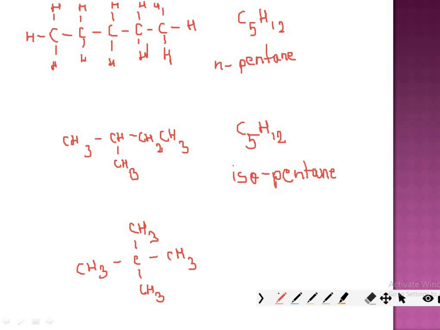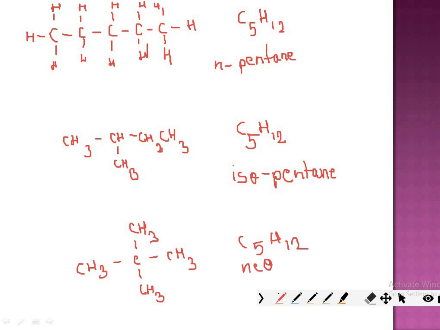How many carbons are there? 1, 2, 3, 5 carbon, right? C5. Now hydrogen, how many hydrogens? 3 plus 3 is 6, plus 3 is 9, plus 3 is 12. It also has C5H12. It has the same molecular formula but a different structure, so it is also an isomer. Now this is called neopentane.